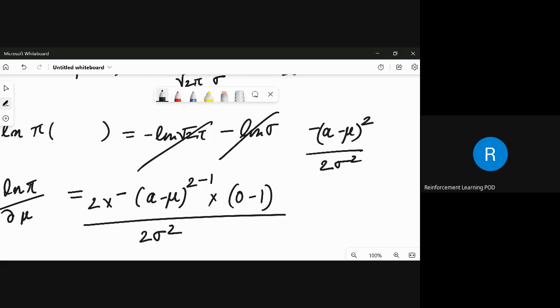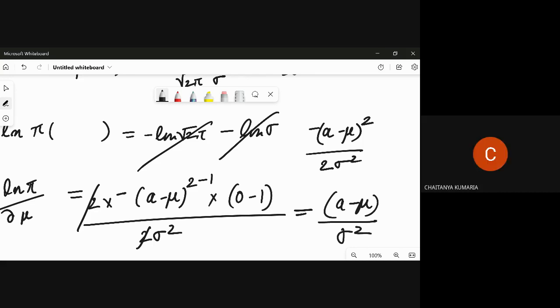Is this correct? Yeah. The power decreases by 1, the power comes in front, so 2 goes away, this will become a minus mu divided by sigma square.